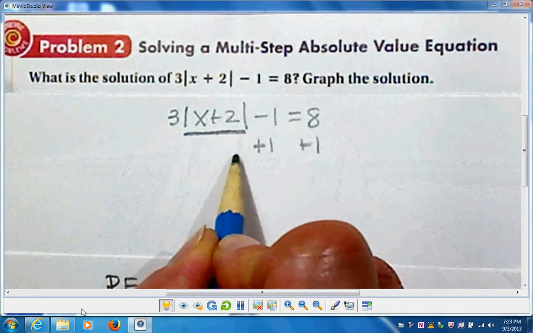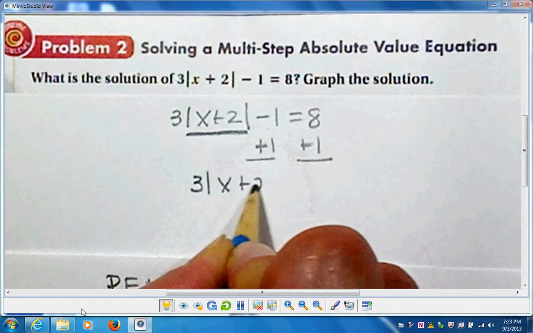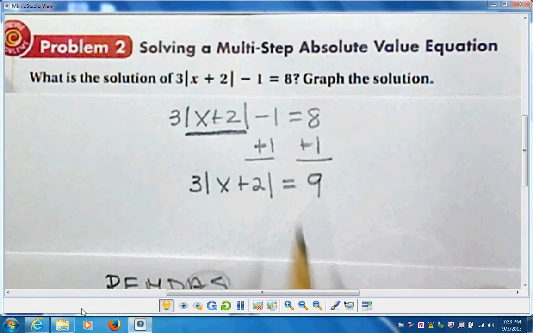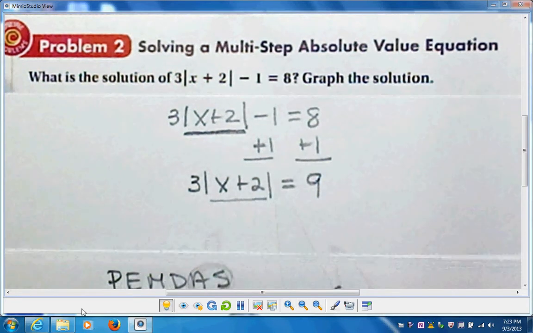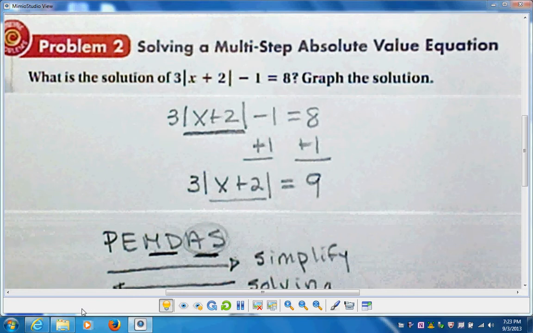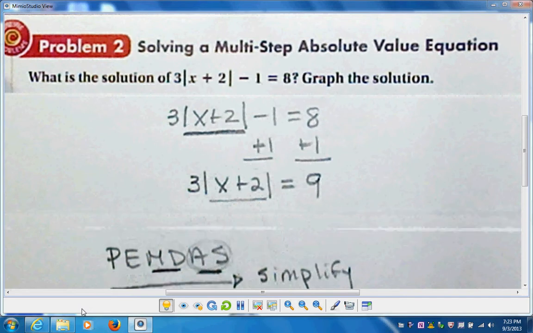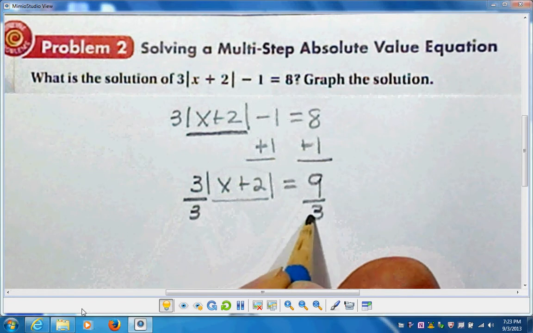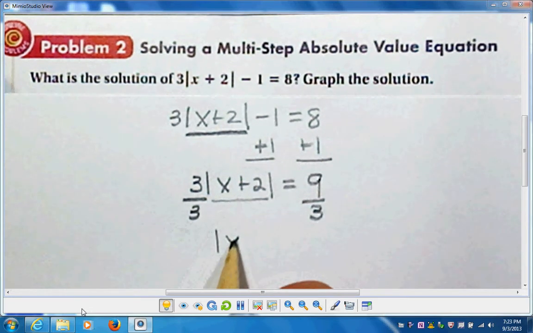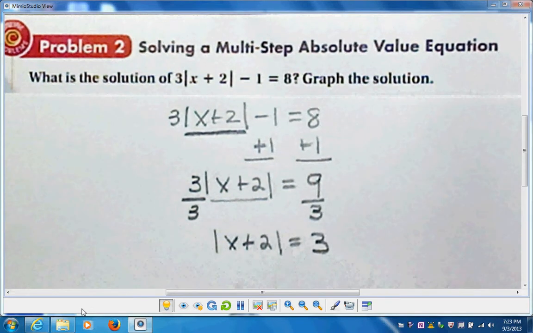So that gives me 3 times the absolute value of x plus 2 equals 9. So I want to get this by itself. So remember PEMDAS, we have something that's being multiplied to what we're solving for. In this case, it's the absolute value. So that means I unmultiply, so I'm going to divide by 3. So that gives me the absolute value of x plus 2 equals 3. So now I have my absolute value all by itself.